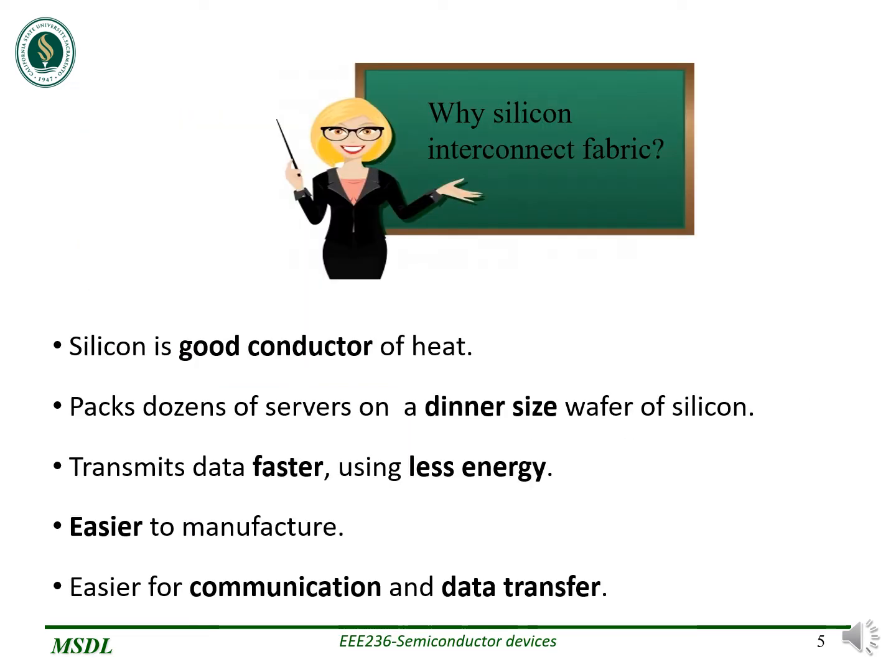In this slide, we will discuss why we are using silicon interconnect fabric. As we know, silicon has very good tensile strength and stiffness, though it is somewhat brittle. Secondly, using silicon, we can pack dozens of servers' worth of computing capability onto a dinner-plate-size silicon wafer. For example, it can build a computer with 40 GPUs on a single silicon wafer.